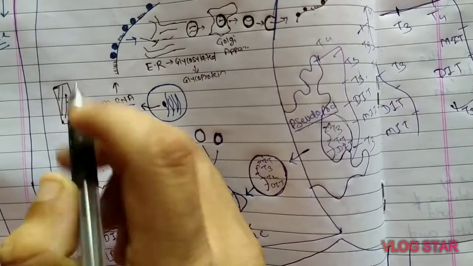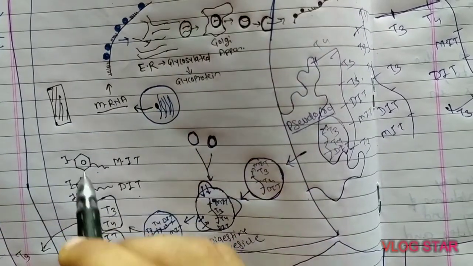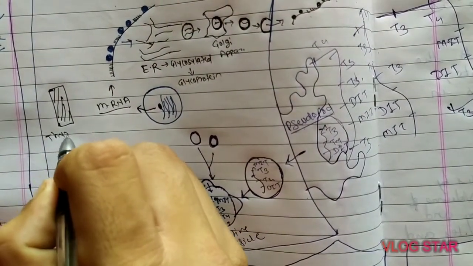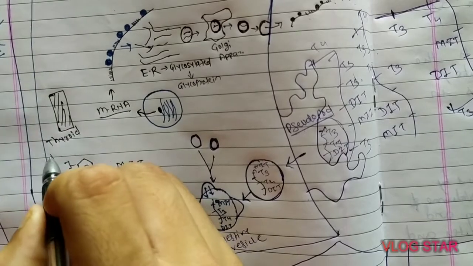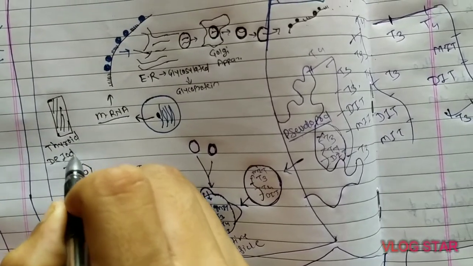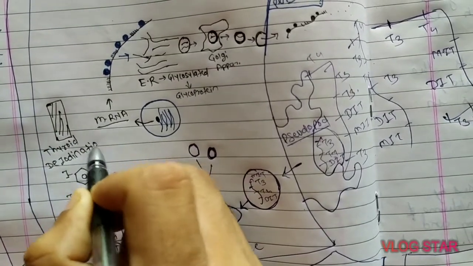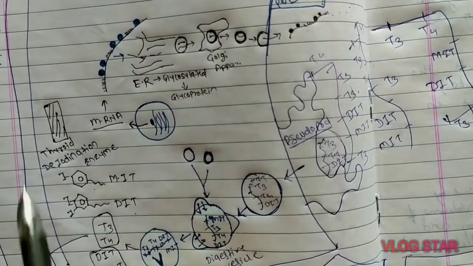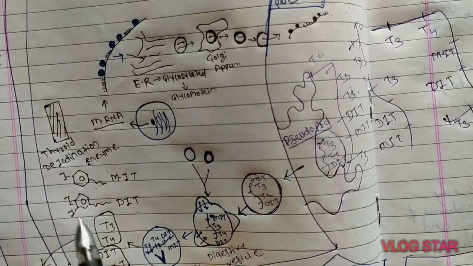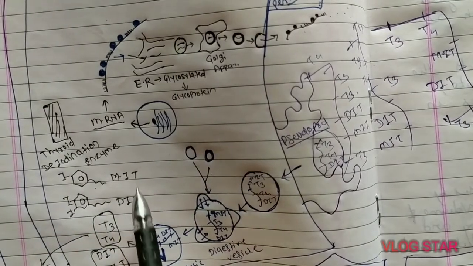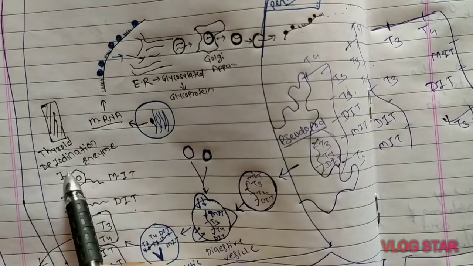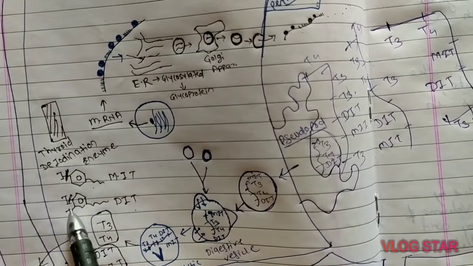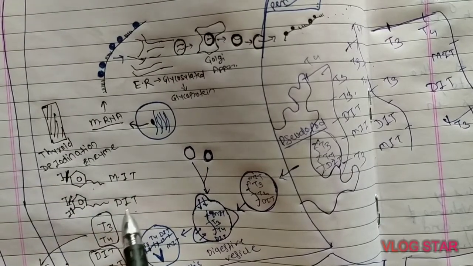Suppose this is an enzyme. This enzyme is nothing but the thyroid deiodination enzyme. This thyroid deiodination enzyme takes the monoiodotyrosine and diiodotyrosine and cleaves the iodine molecules from them.